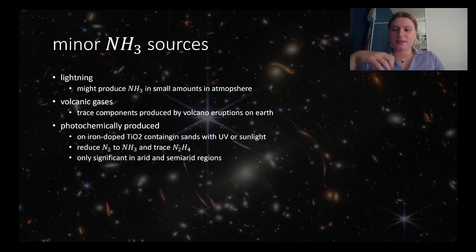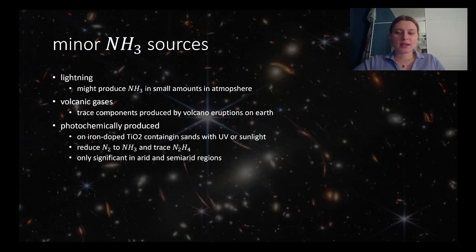So now the minor NH3 sources. Lightning is one of them, and it only produces a really small amount in the atmosphere, as well as volcanic gases. Some volcanoes on Earth, not all of them, produce trace components when they erupt.